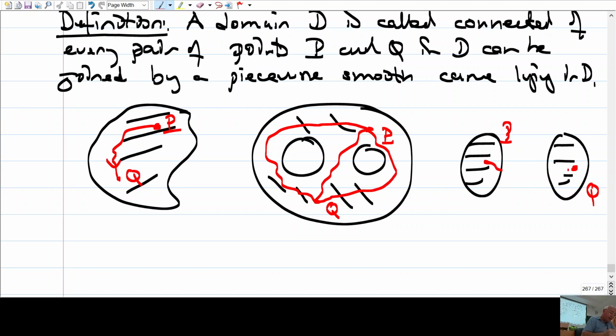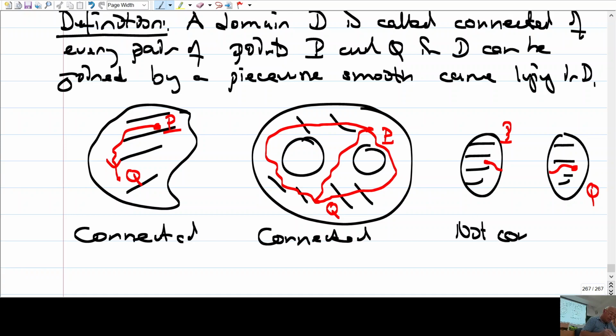There is no path. So this is connected. This is also connected, but this is not connected. Okay.